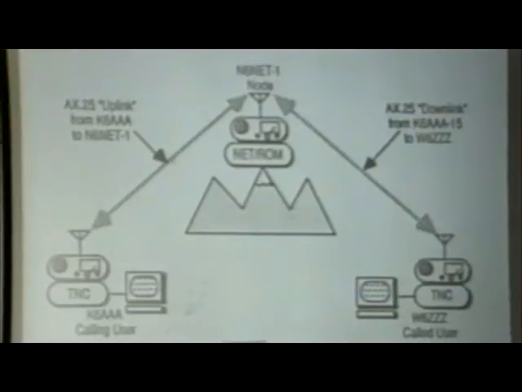Say you came in on three nodes or something, and the last node sent W6ZZZ's transmission to you, and it came out as -12, then when you send your message back... Oh, in other words, what your question is, when a node connects to you and it's got a dash number on it, you're going to respond with that call with the dash number on it.